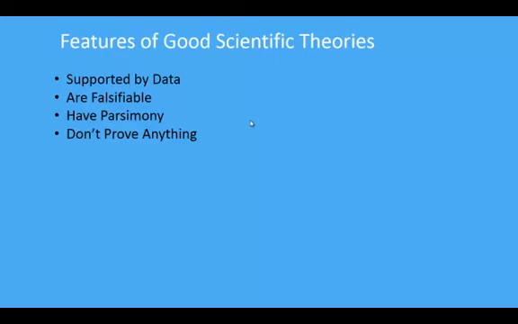So the one that I've skipped here, good scientific theories have parsimony. This is the idea that the simplest explanation wins. So if you have 2 competing theories, they have about the same amount of evidence for each, the simplest solution is the best. This is also called Occam's razor, so you may have heard that somewhere else. It's just the idea, all other things being equal, the simplest solution is the best.